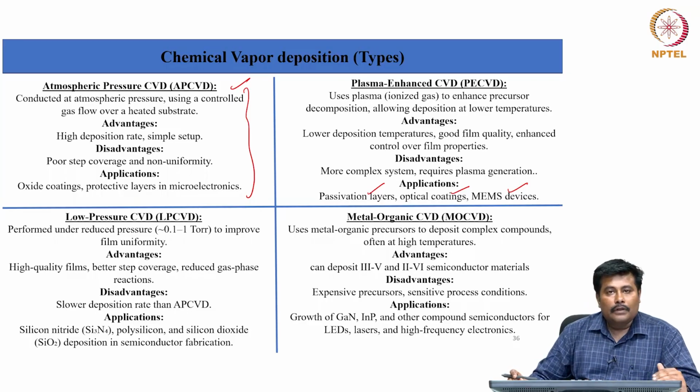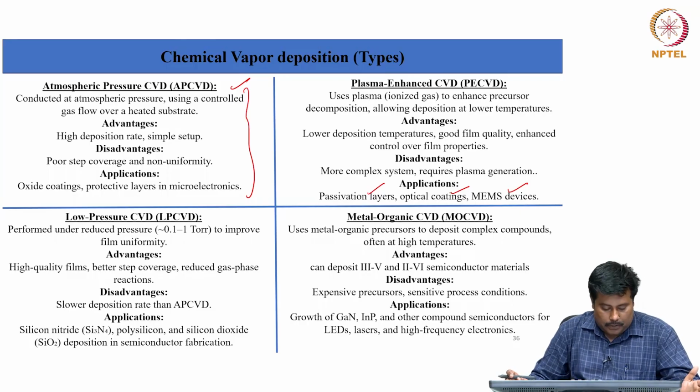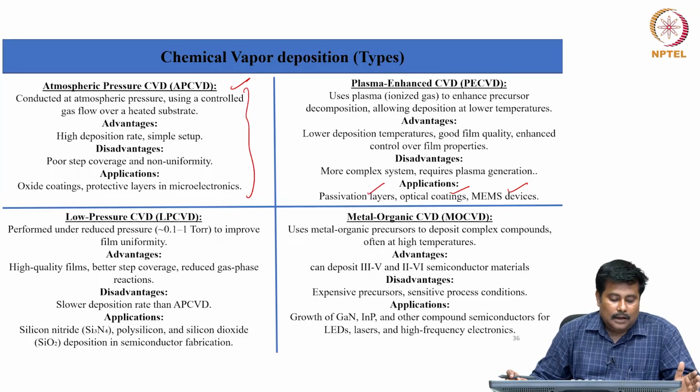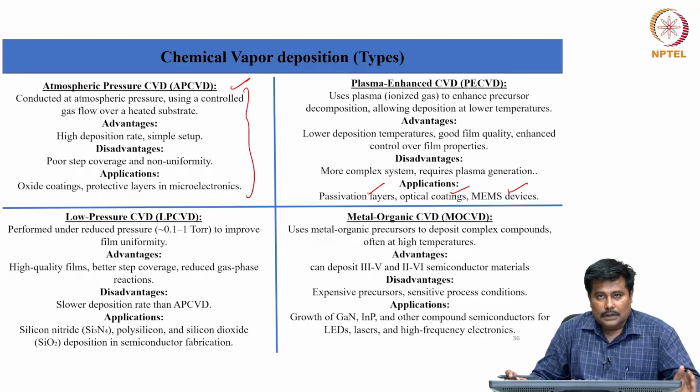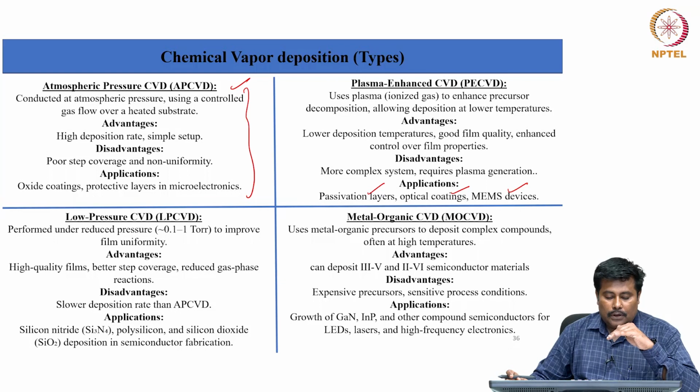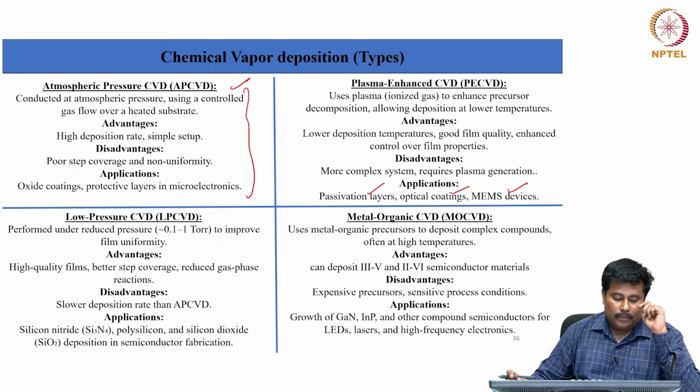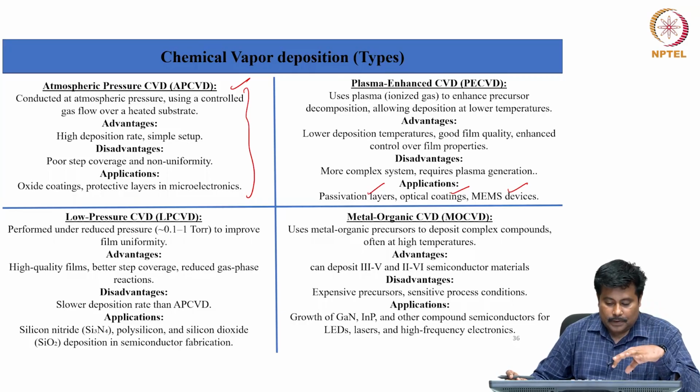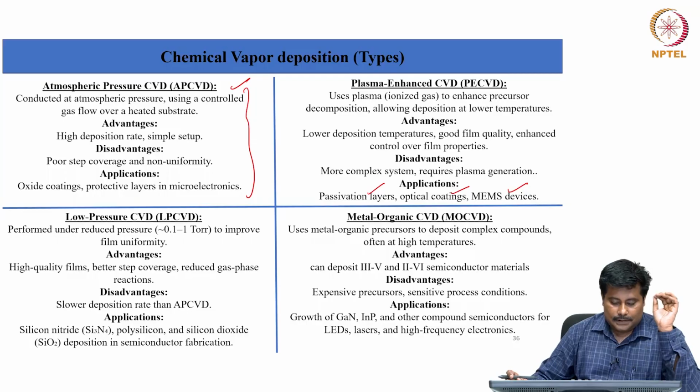Now we have the low pressure CVD process. As the name suggests, these low pressure CVD processes are performed under reduced pressure, around 0.1 to 1 torr, to improve the film uniformity. From an advantages point of view, it has a high quality film, better step coverage and reduced gas phase reaction.